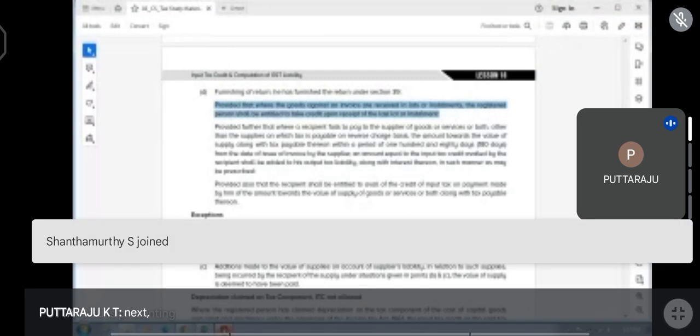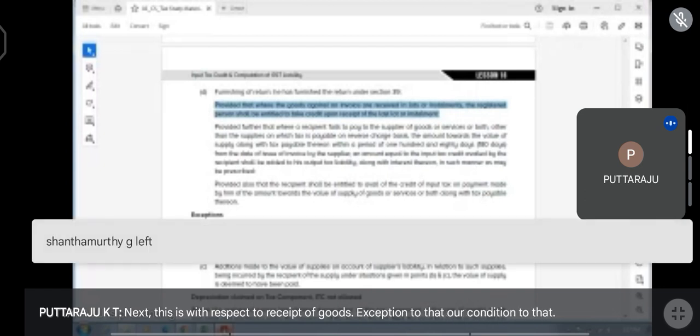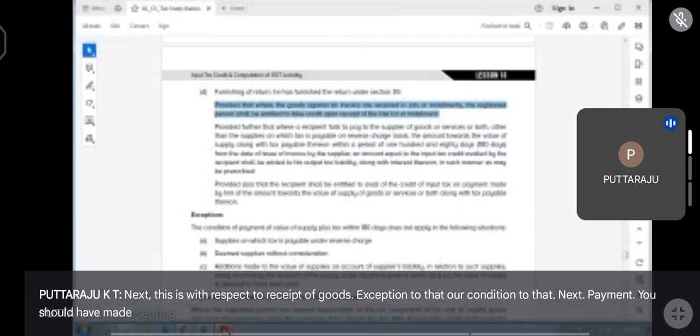This is with respect to receipt of goods, the exception or condition to that. Next, payment. You should have made the payment of the value of the goods to the supplier.